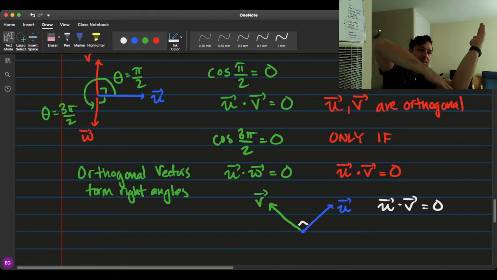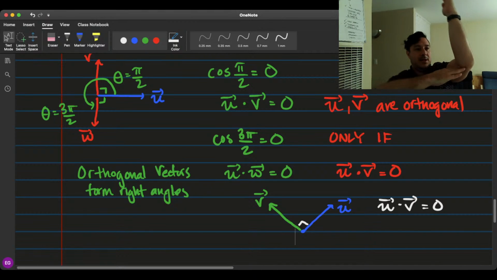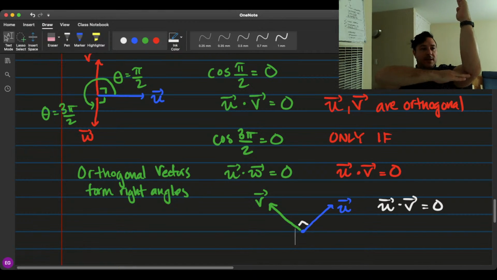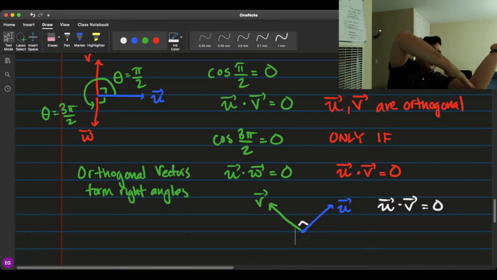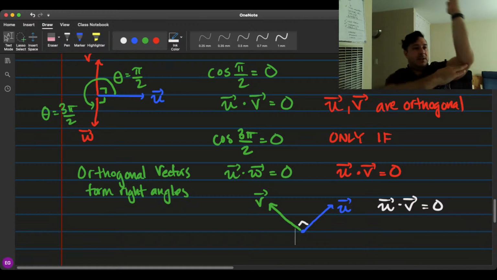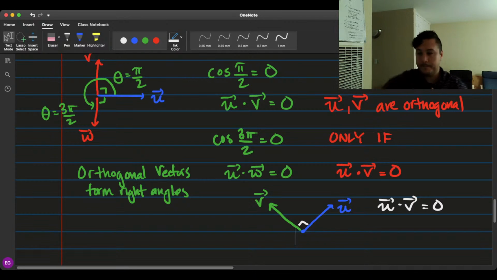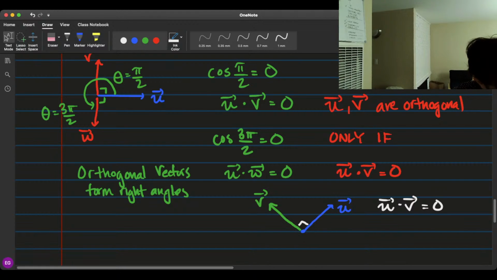Just imagine my two arms are u and v. They're still orthogonal to each other, but they've been moved. So usually we're interested in this for a variety of reasons, which we will talk about more and more. Okay, let's keep going.